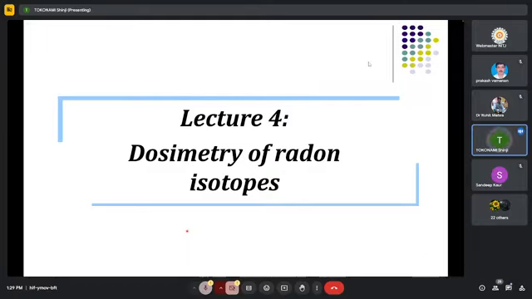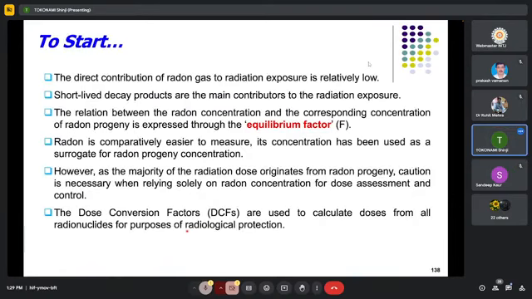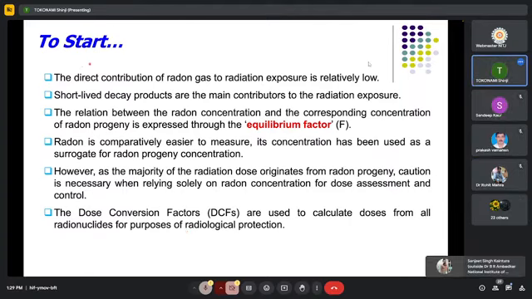Now I will deliver a lecture on dosimetry of radon isotopes. To start, we have to confirm the following findings. The direct contribution of radon gas to radiation exposure is relatively low.